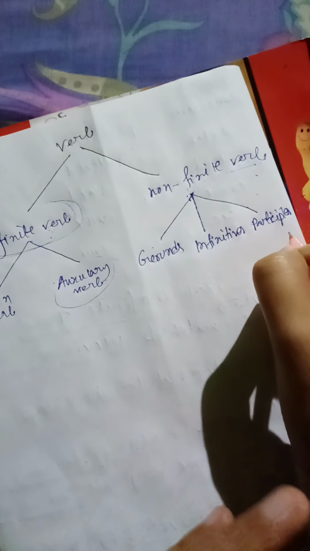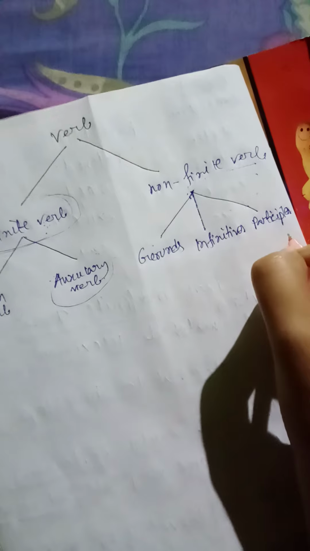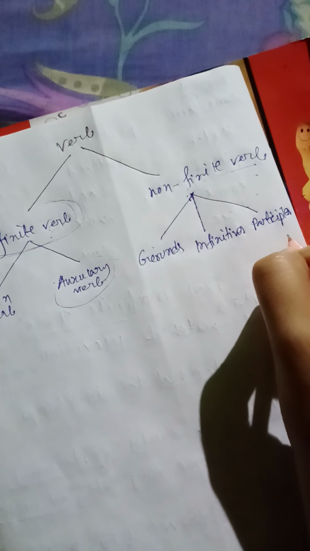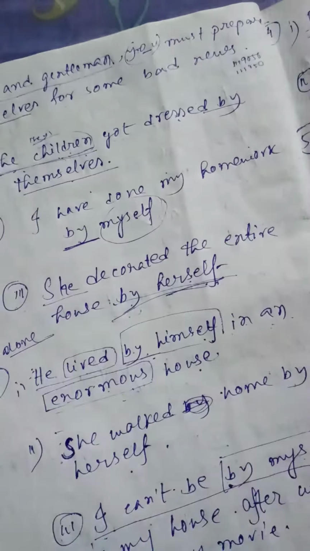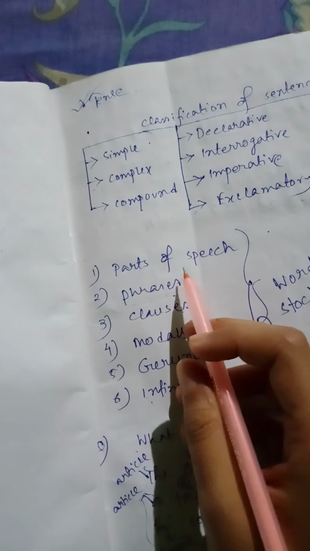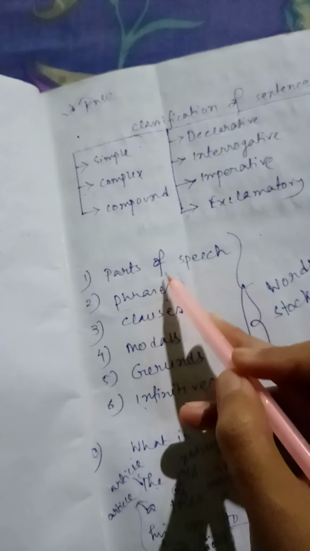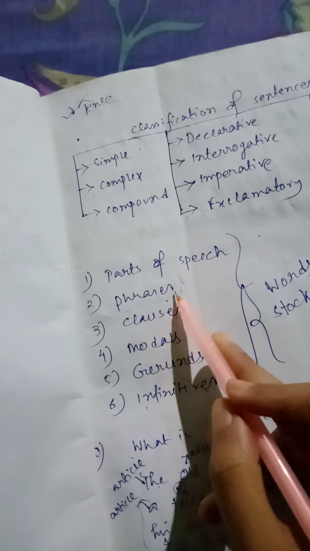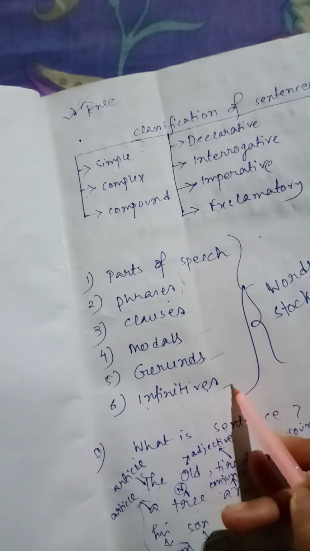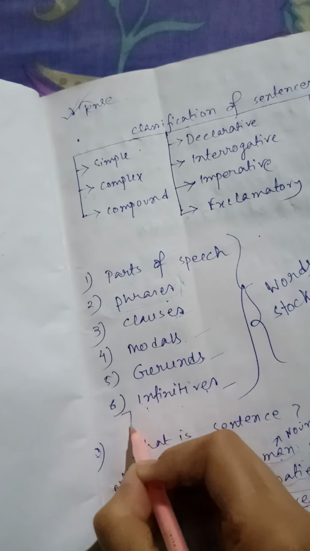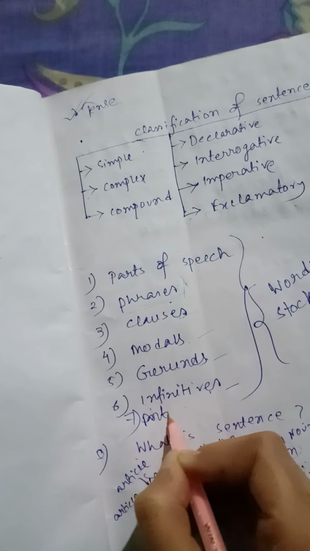Okay, I will discuss all these things in detail in my next videos, because you can remember one thing, that here I have written something, that after tense I will go to these topics. Okay, phrases, clauses, modals, gerunds, infinitives, okay, and participles.